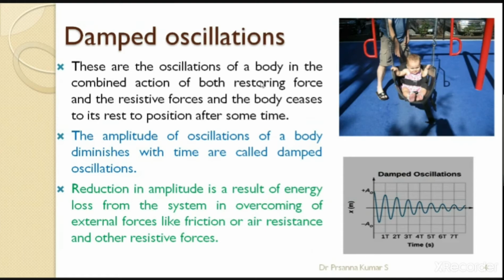One is the restoring force, and the other is a resistive force. What is that restoring force? The restoring force is minus kx, acting opposite to the displacement. Resistive forces are the forces due to the resistance of the medium. Because there is a medium outside, this medium resists the movement.